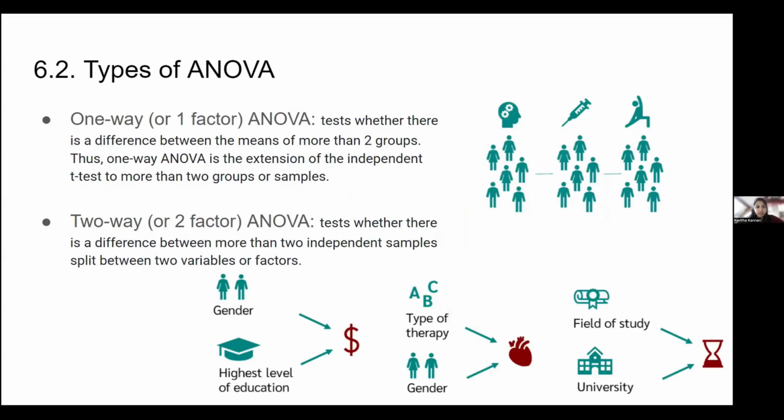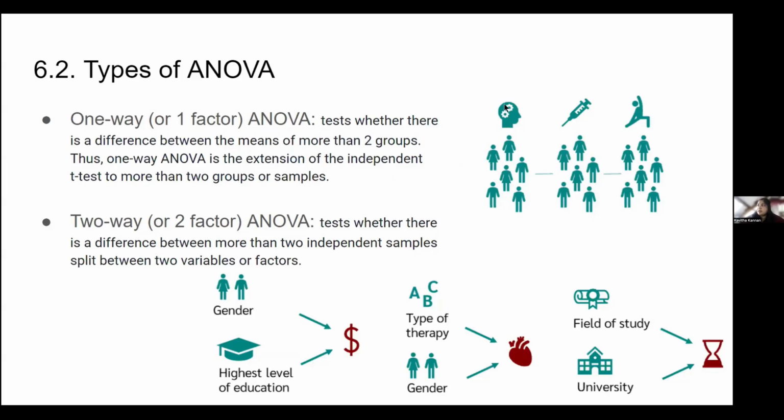Again, there are two types of ANOVA, the one-factor ANOVA and the two-factor ANOVA. One-factor ANOVA tests whether there is a difference between the means of more than two groups. Say you're testing a drug.